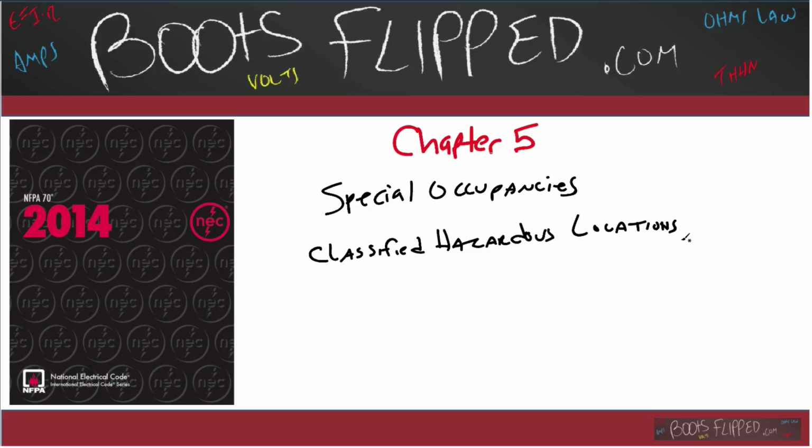And there's a lot of different rules and codes you're going to have to follow in a situation like that. You're also going to find codes for movie theaters, churches, and other different types of occupancies that wouldn't be covered under the normal buildings inside of the first 4 chapters.